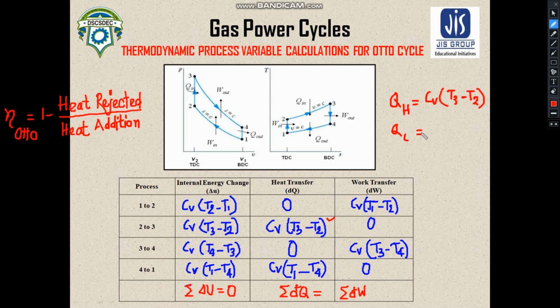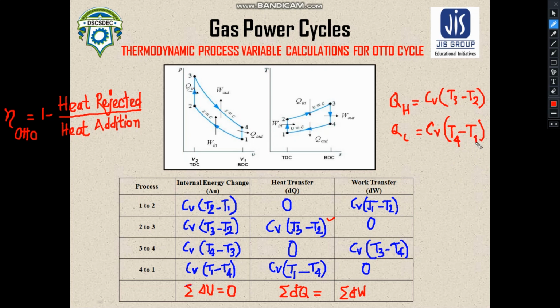If you are considering heat rejected, that means it is already in the negative sign. If you write Cv into T1 minus T4, it is mathematically negative. Since you are writing the term heat rejected, you should write T4 minus T1.